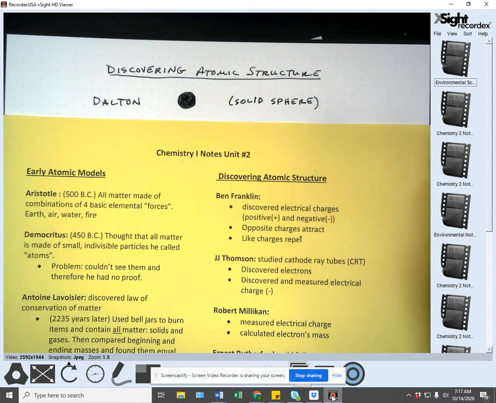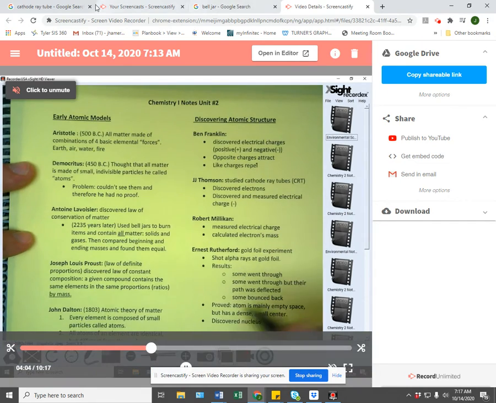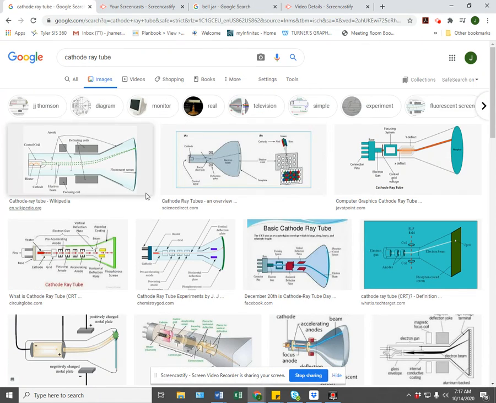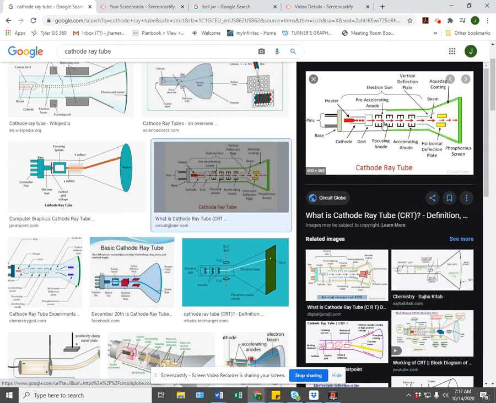So along comes a guy named J.J. Thomson. He studies cathode ray tubes. Probably not familiar with this, but cathode ray tubes look like this. It's a glass tube that shoots beams through it. It shoots cathode rays.